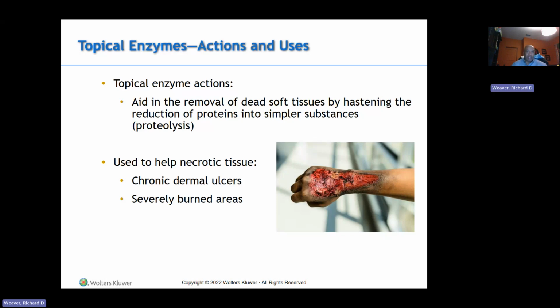Because remember, the amino acids are the building blocks for proteins that lead to the making or synthesis of proteins. And so if we can break it down, which is what these enzymes do, then it just makes it easier to remove. Right.